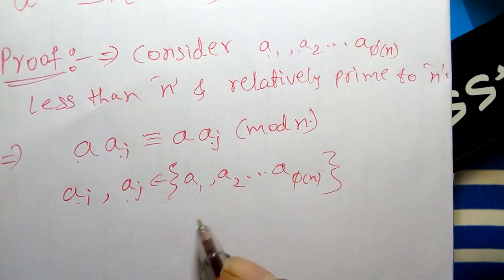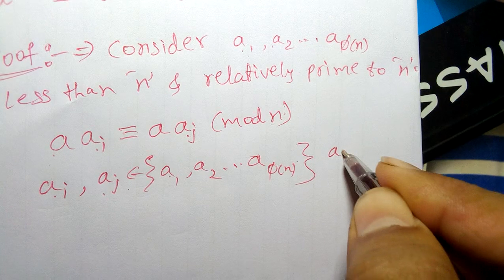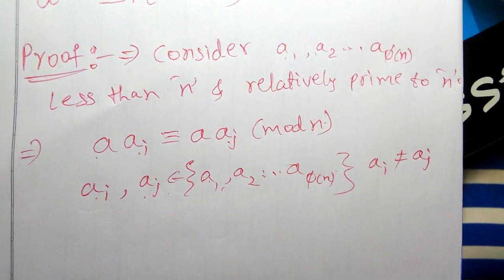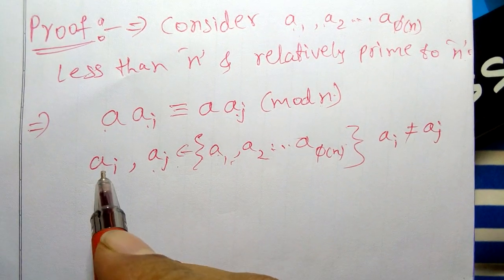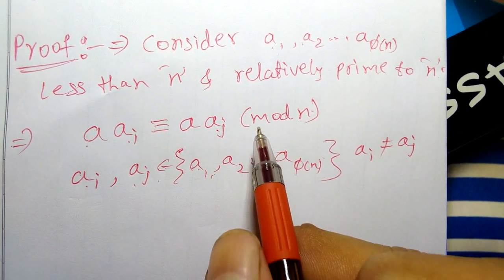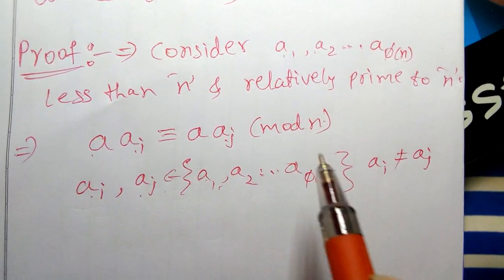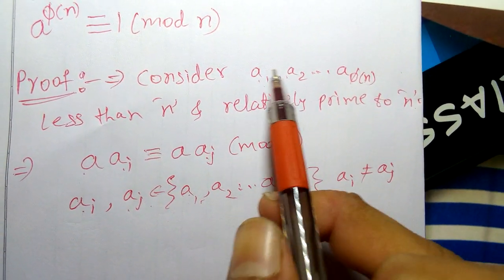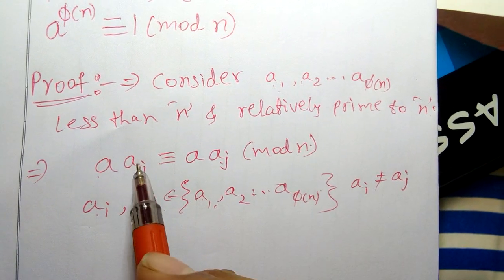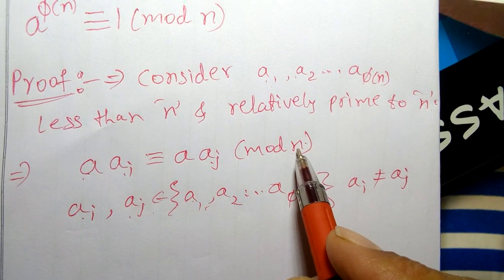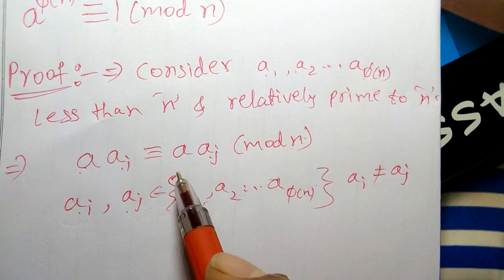Here ai and aj are not equal, they are different numbers. Now if we consider this equation, what this says is that any two of these numbers multiplied by a leave the same remainder when divided by n.